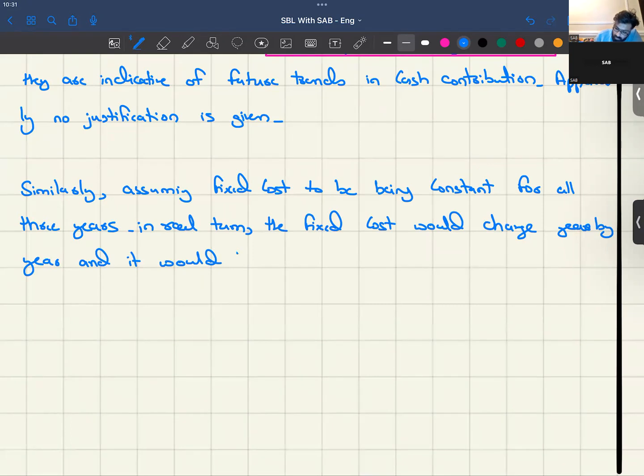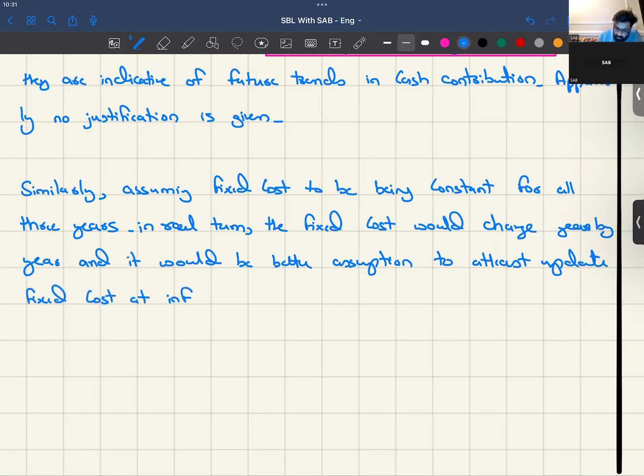It would be a better assumption to at least update fixed cost at inflationary level, right?